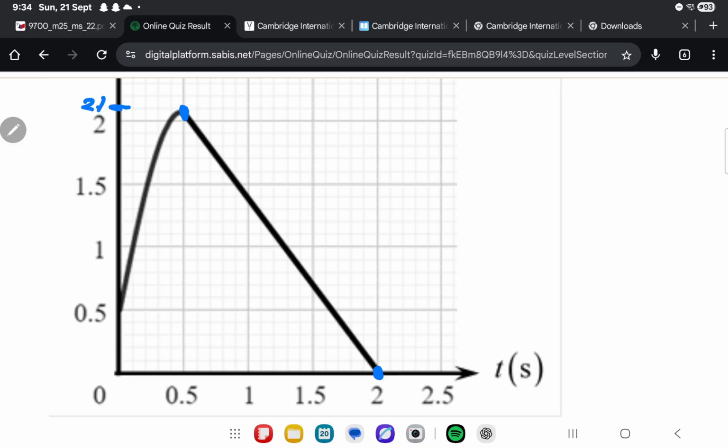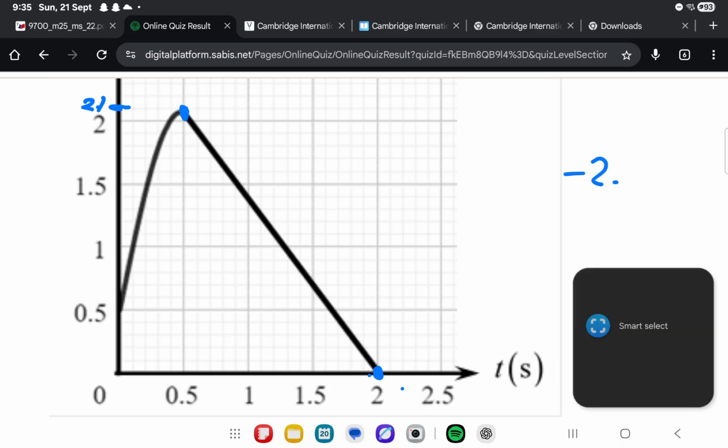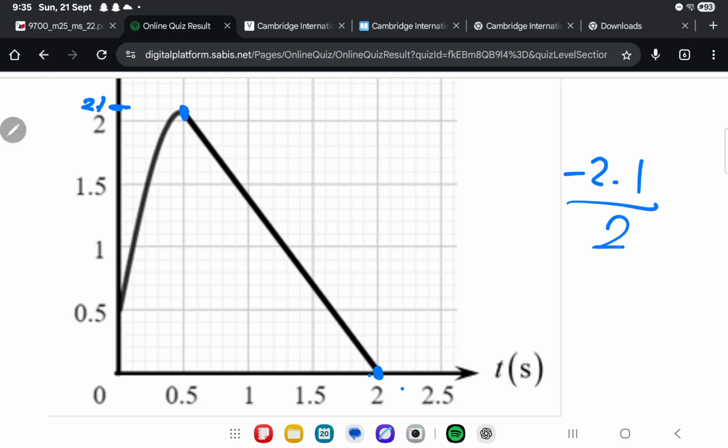So it's going to be 0 minus 2.1, which is negative 2.1 over, sorry, over 1.5 seconds, because it's 2 minus 0.5. Okay, this gives me negative 2.1 over 1.5.